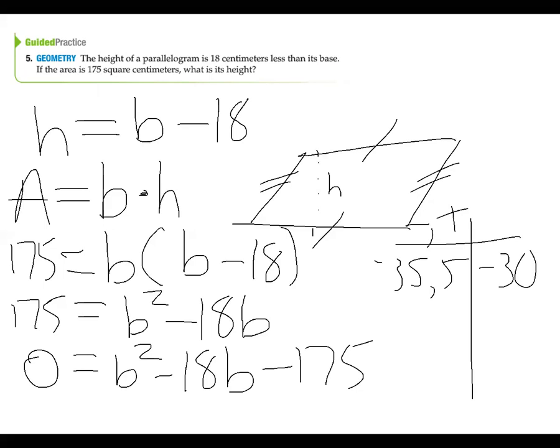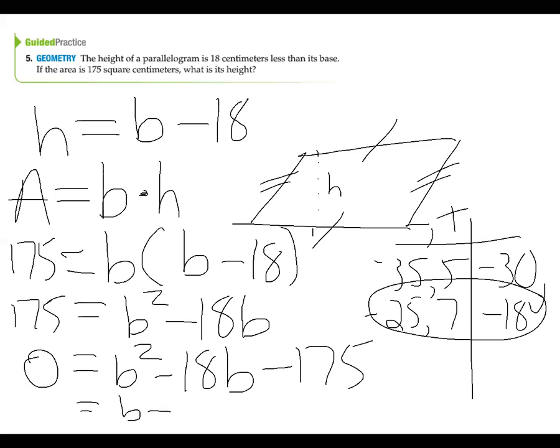The next number that divides into it would be 7. So 7 goes into 175, 25 times, so it would be negative 25 and 7. If I add those together, you get negative 18. Boom, we have a winner. So it's going to be B minus 25 and B plus 7.